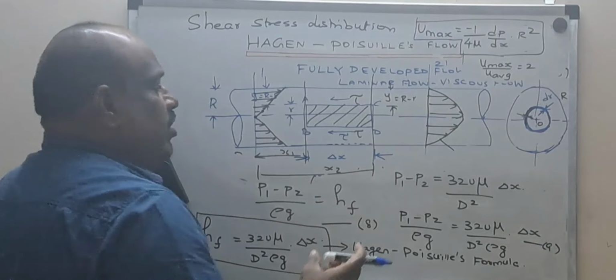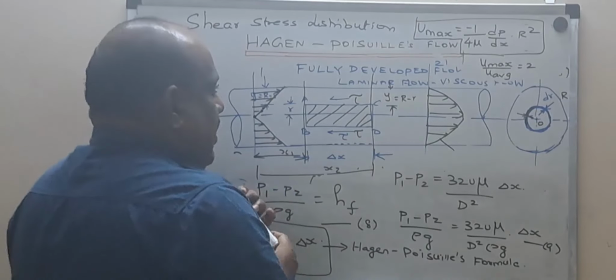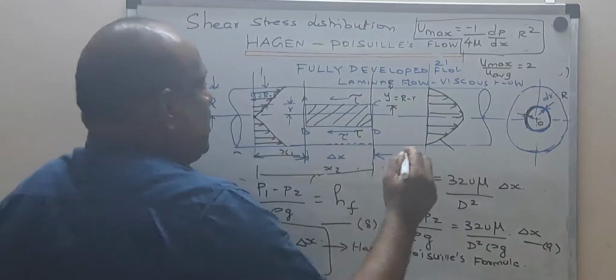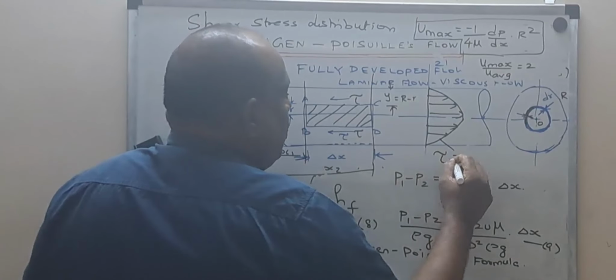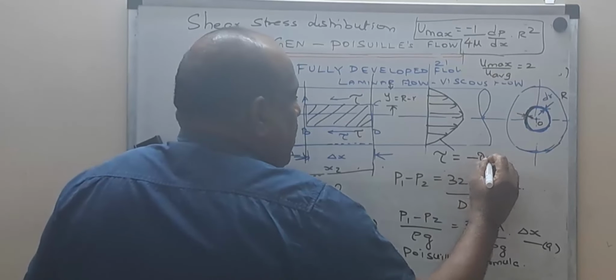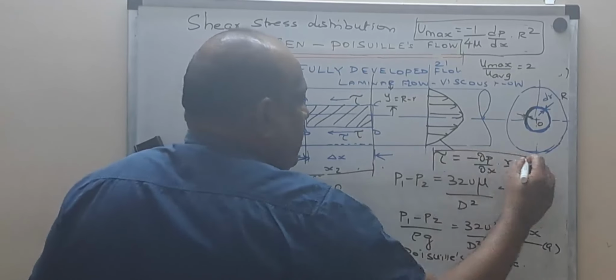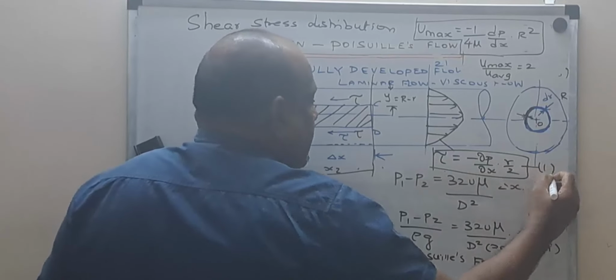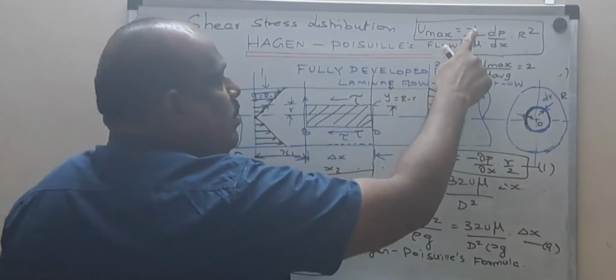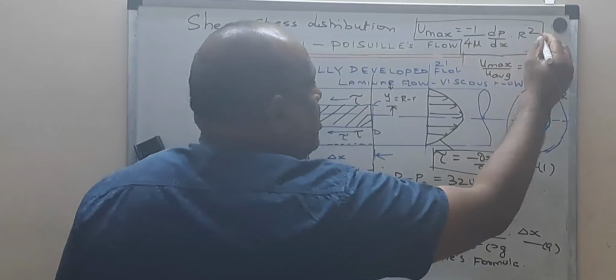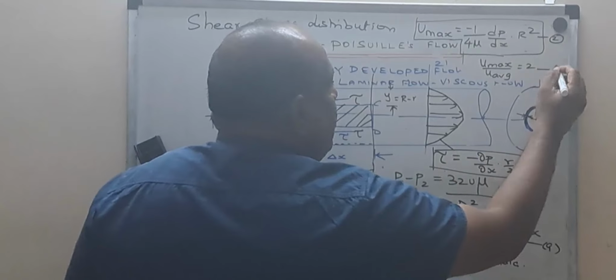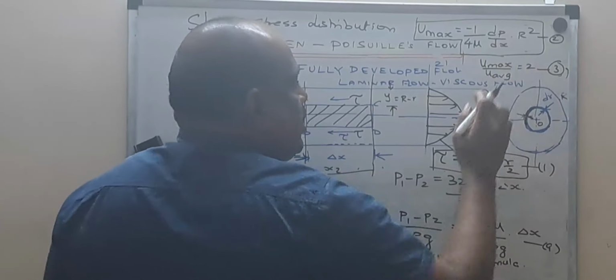So from this, what are the things we are getting? The four parameters. The first thing we got is the shear stress distribution, which is tau equal to minus dou p by dou x into r by 2. This is the first outcome. The second outcome is u max equal to minus 1 by 4 mu dp by dx into r squared. The third one is u max by u average equal to 2.